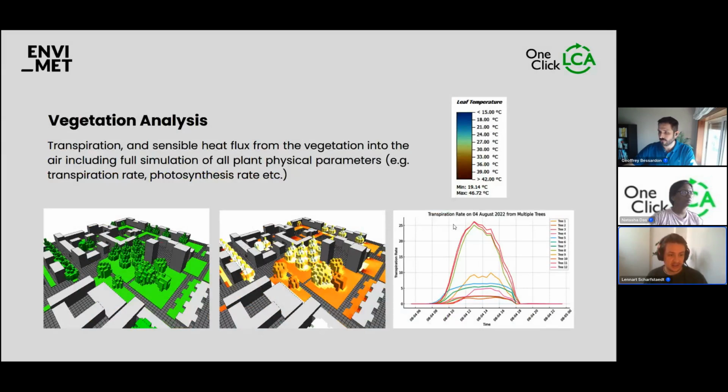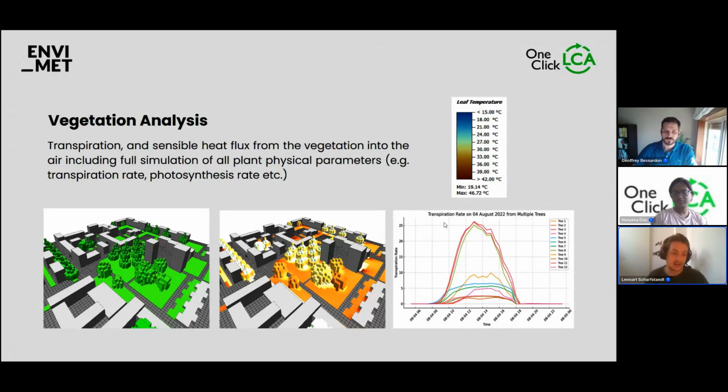Vegetation analysis is an important factor and is there to underline the fact how detailed we try to build our model. So basically, vegetation is not just a dead element that is standing in a space and is casting shade to a surface, but our trees are considered to be living objects. They take up water from the soil. The soil loses water through that.